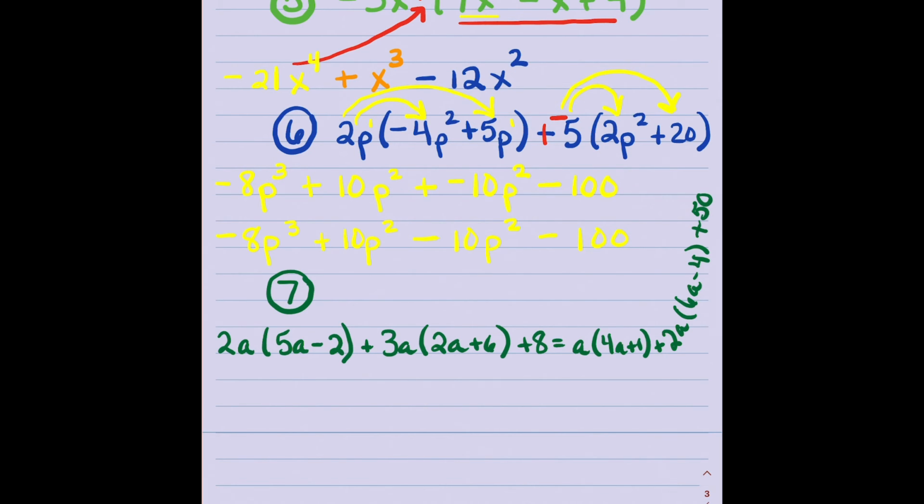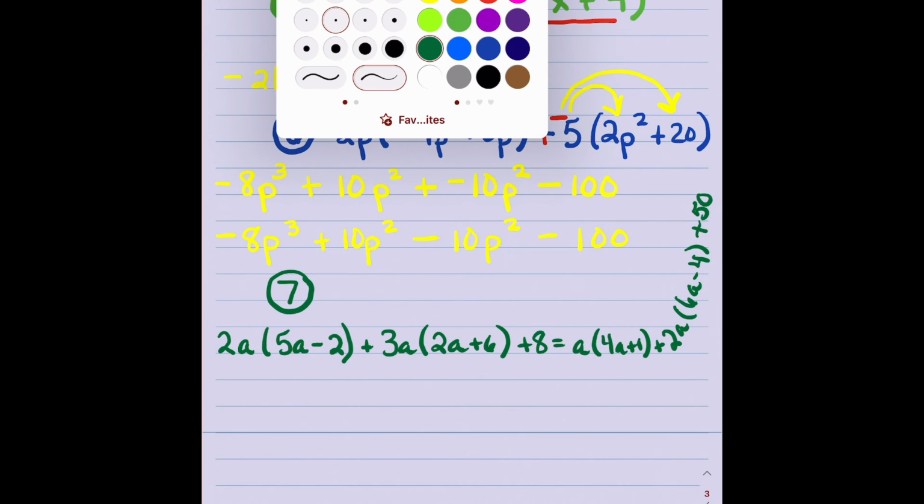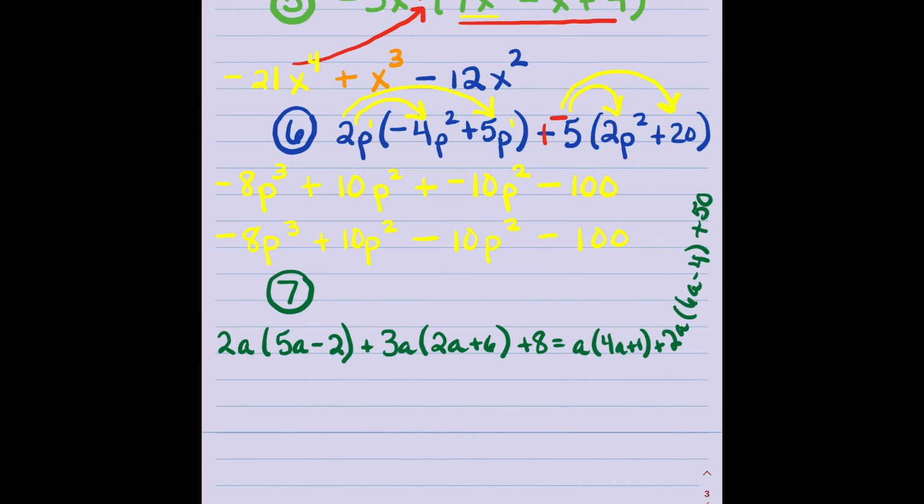Wow, that's a lot. Okay, what we have to do first is to just start undoing these parentheses. We need to simplify this a lot. So let's do 2a times 5a is 10a squared. 2a times -2 is -4a.